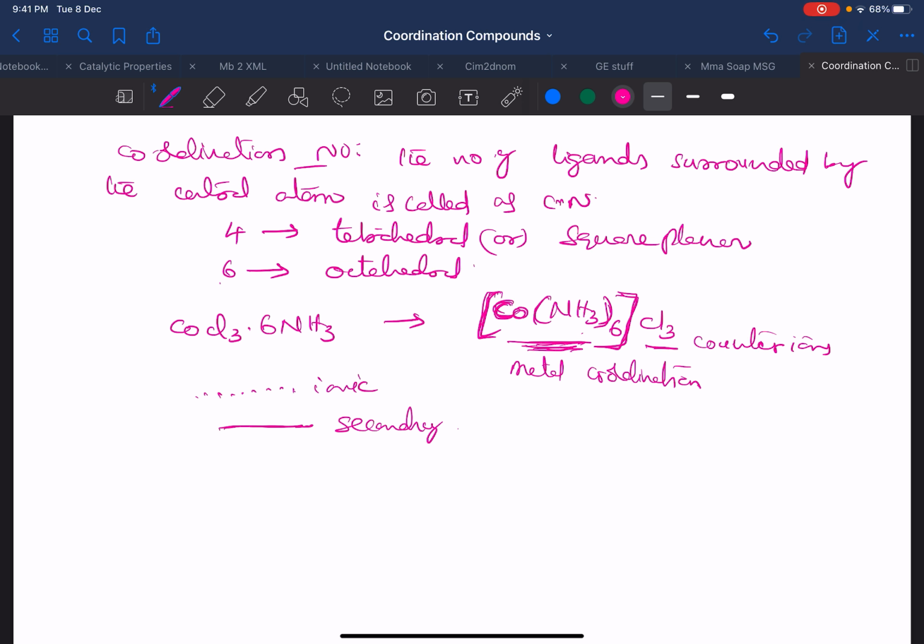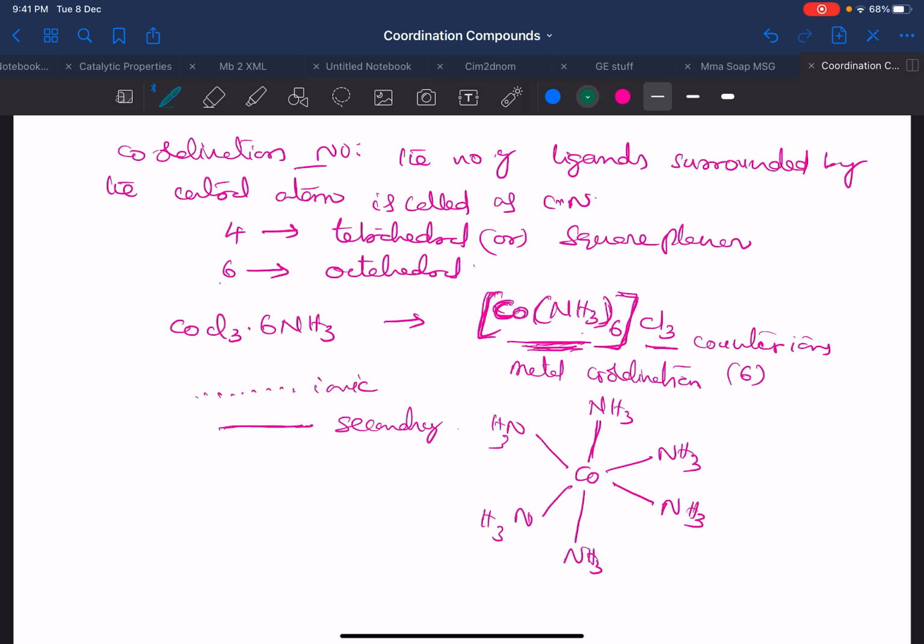So we will write this structure. Co is the central metal atom and its coordination number is 6, so 6 ammonias are involved, written as straight lines.